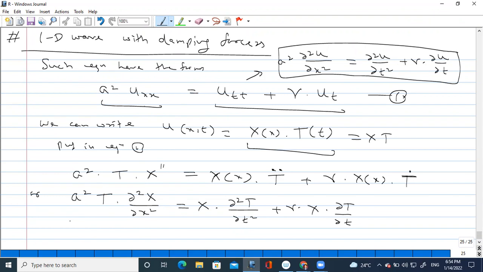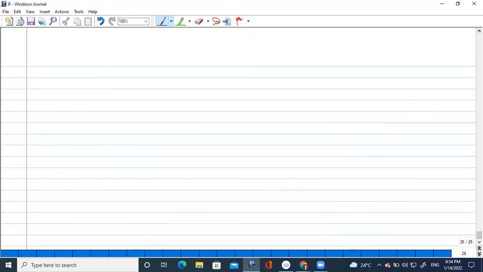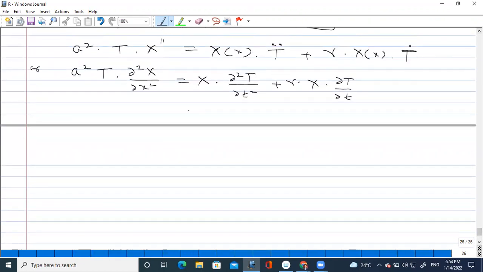Now I told you that we can have variable separable. So for that, what you have to do? You have to first divide the whole equation by xt.